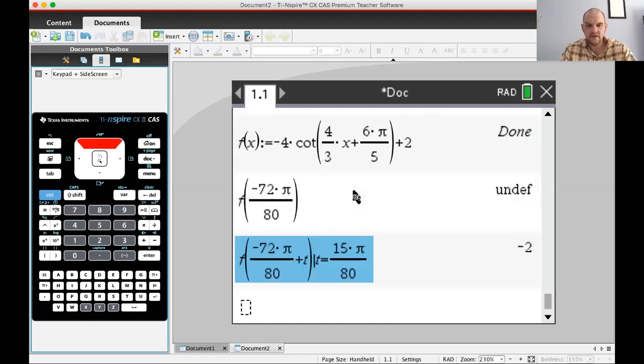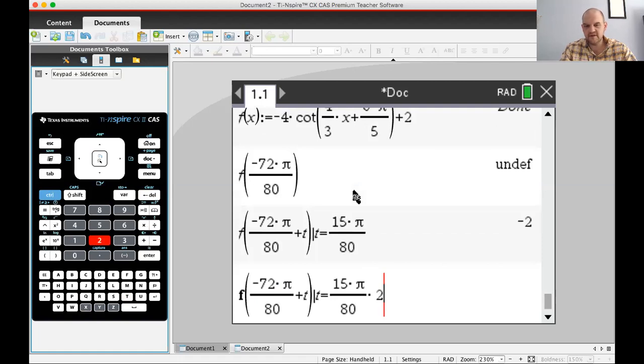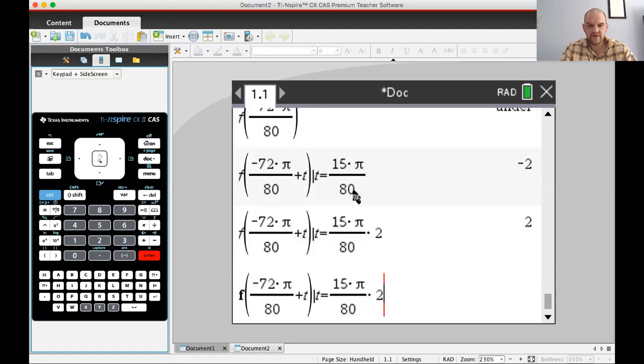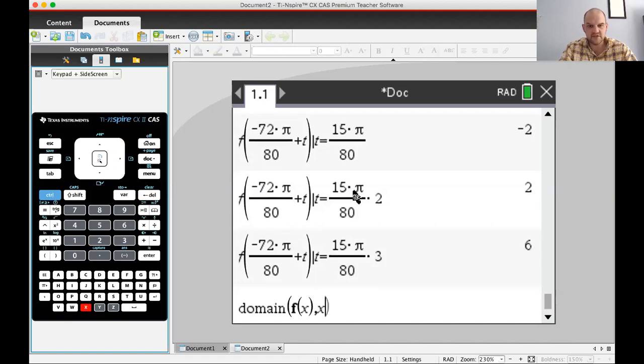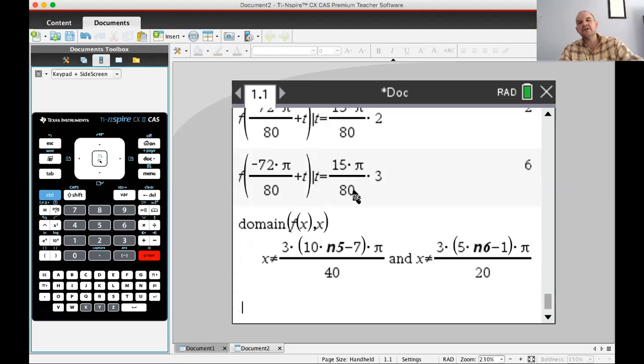And I do. If I add another increment, that's just adding 2 increments. So the increment times 2, I should get positive 2. If I add 3 increments, I should get positive 6. Feeling good about that. Let's just see what it says for domain. I'm feeling confident about our answer, so not super concerned. Let's see if it gives us 2 again. It does.